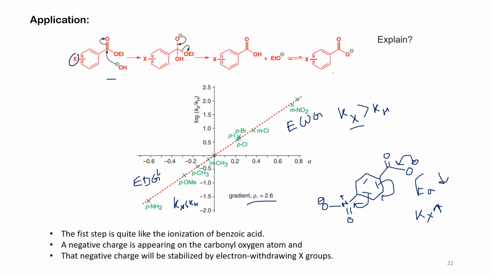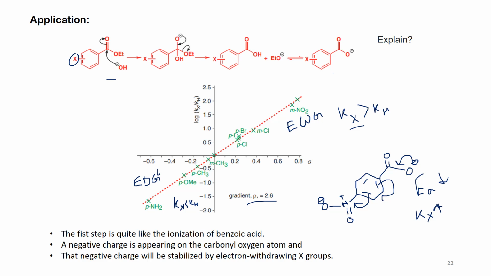Here the electron withdrawing group is stabilizing our substrate. That means our product or intermediate has a huge electron density in itself. When we add an electron withdrawing group, it pulls the electron density to itself. That's why our product is getting stabilized and activation energy gets reduced.